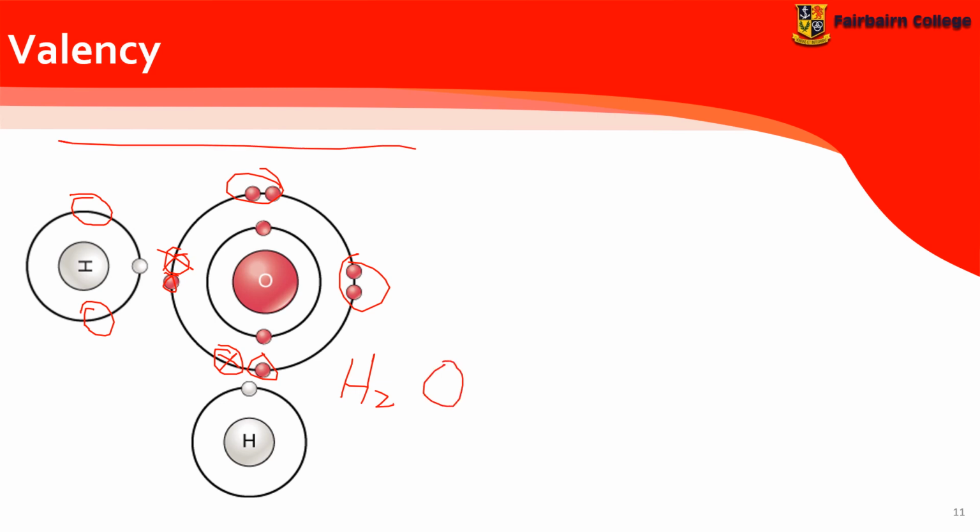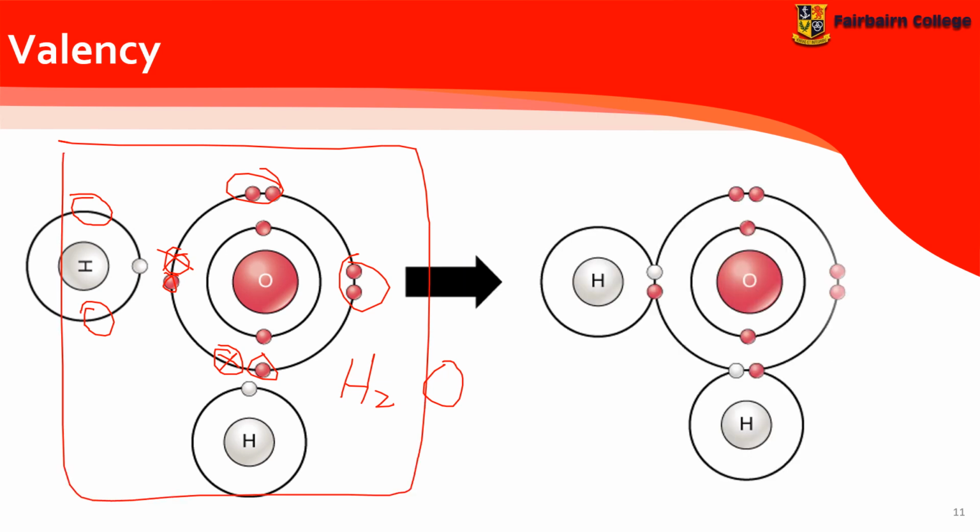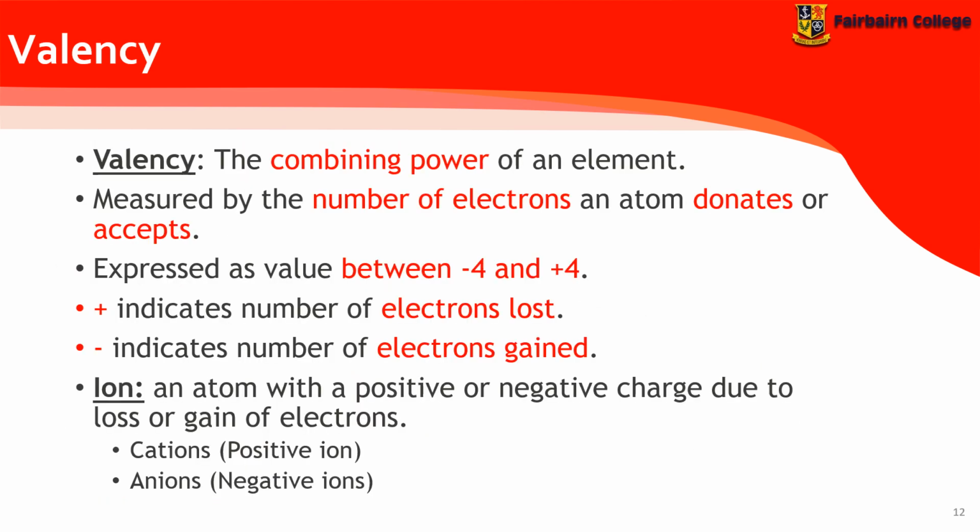But this is quite a tedious process to get to this formula. So what can we do to simplify this process? The solution is valency. Valency is the combining power of an element and is measured in the number of electrons an atom either donates or accepts, and is represented as values between -4 and +4.